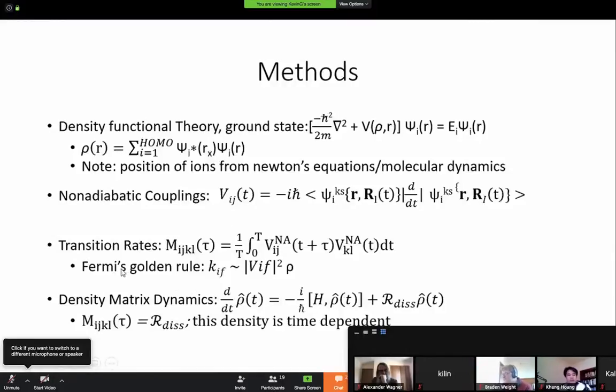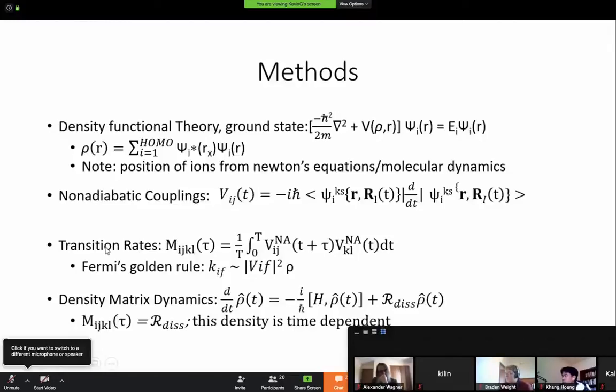All right, and then right here, this is what I use to compute my transition rates, which is essentially the rate at which my electron is jumping from orbital to orbital. So this is how I'm computing my transition rates.